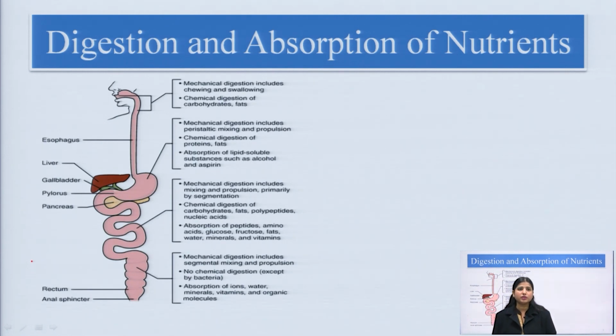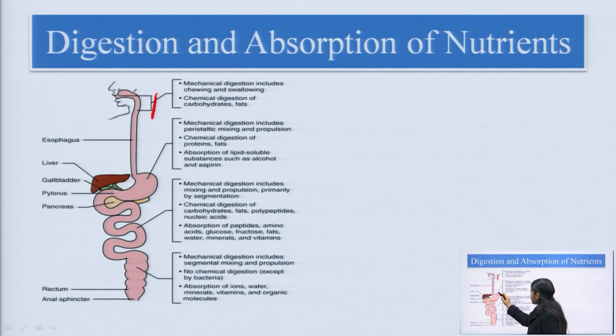Now, there is one view through which we will get to know the parts associated with digestion and absorption. See the diagram. This section is the mouth, where the saliva is present.